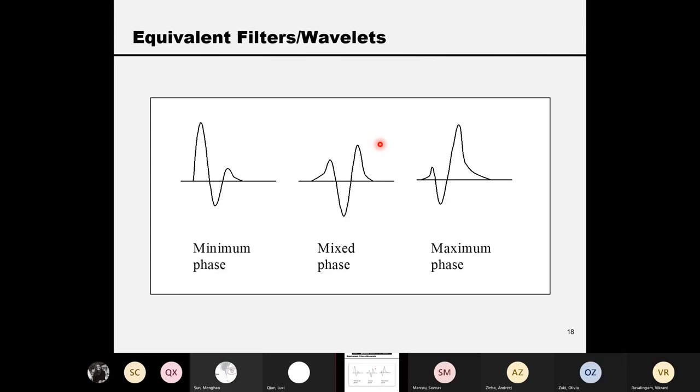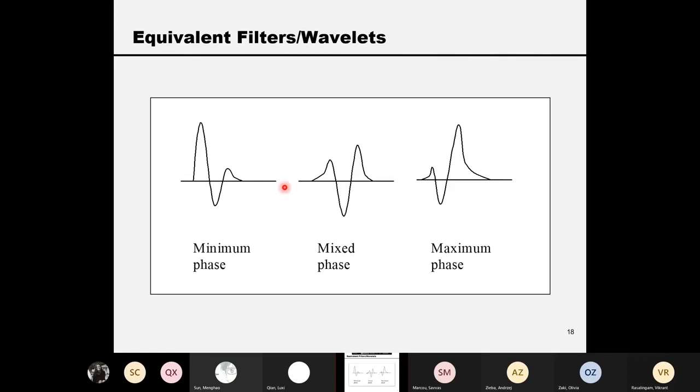In this picture here, when we say the energy is front-loaded, so strong energy in the front, that's called minimum phase. And if the strong energy is backloaded at the end of a wavelet or end of a filter, this is called maximum phase, right? In between is mixed phase.